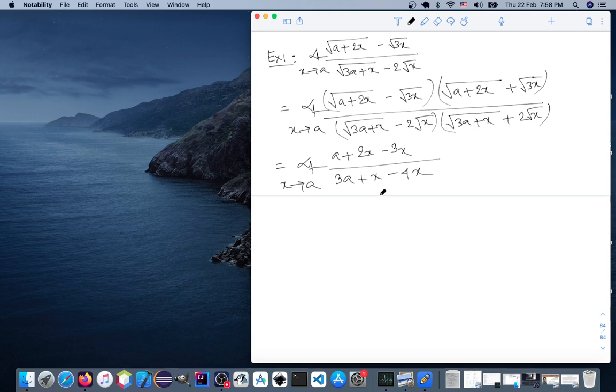Plus root 3x, so we get a plus 2x minus 3x, and the conjugate root a plus 2x plus root 3x in the numerator, and root 3a plus x plus 2 root x, and we get 3a plus x minus 4x.